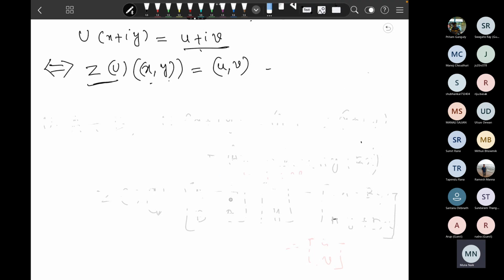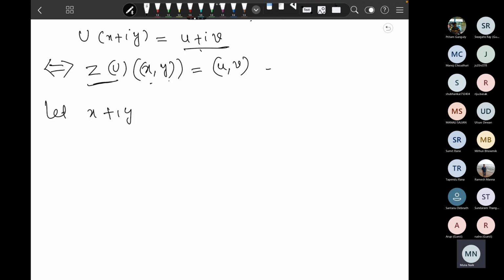Okay, so this is the thing you have to. Good. So now look at this inner product of x plus iy with x prime plus i y prime. This is the same thing as x y dot x prime y prime.